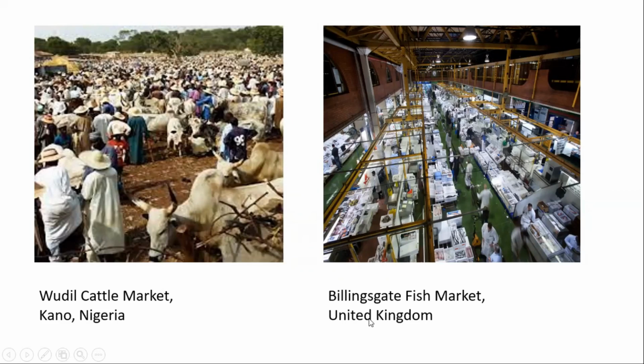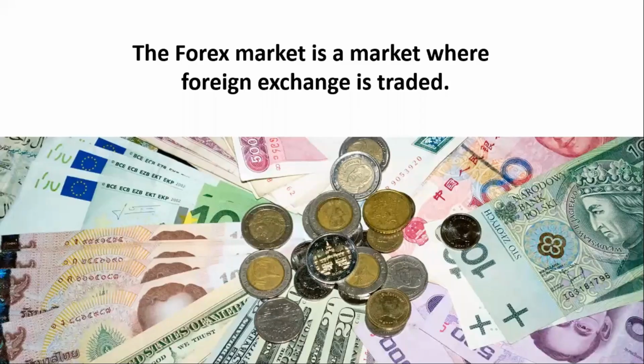The market on the left deals in cattle, and the market on the right deals in fish. Just as we have those markets, we have a market that deals in foreign currency, currency from different nations.